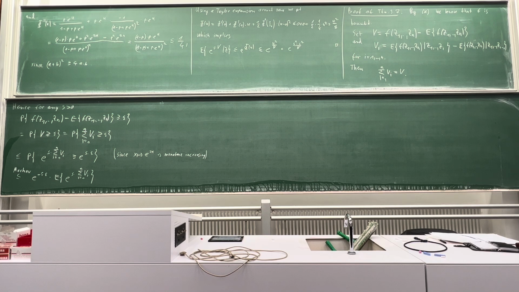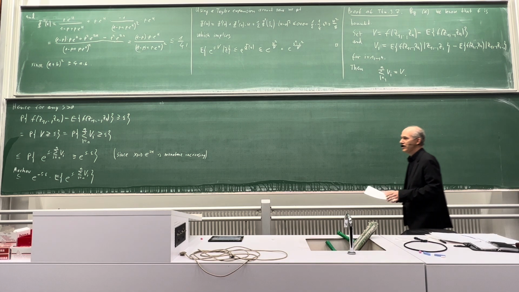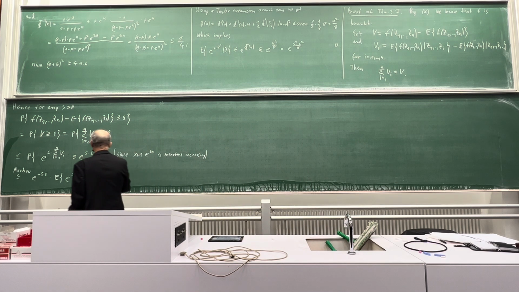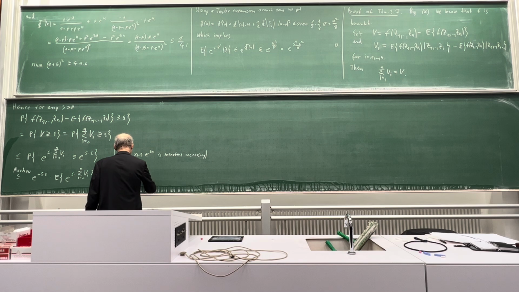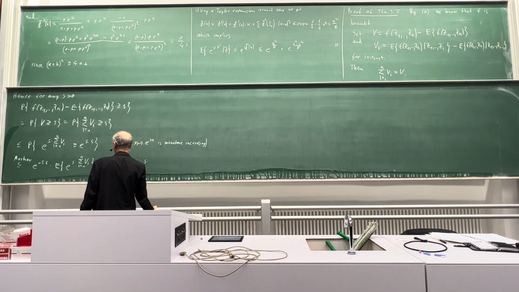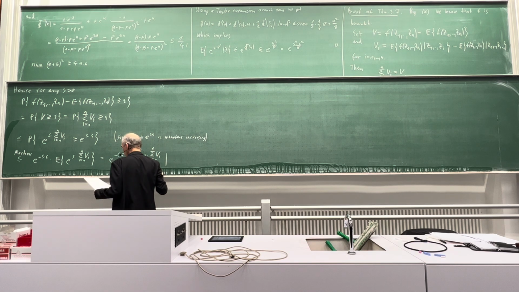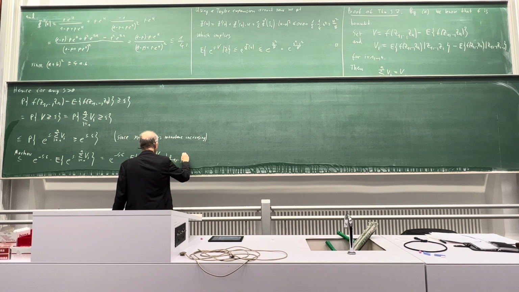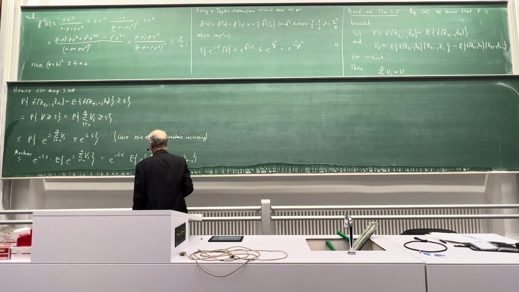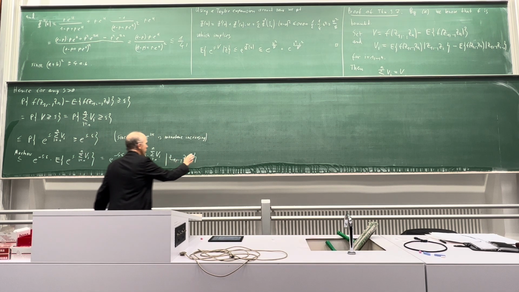Now, I condition on Z1 to Zn minus 1. So the expectation is the expectation of the conditional expectation.